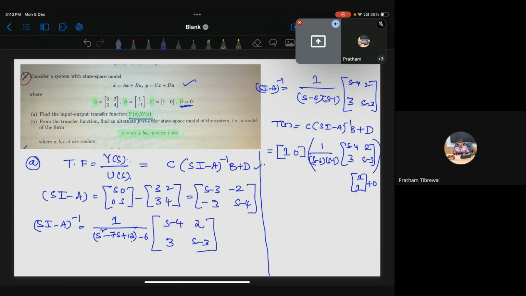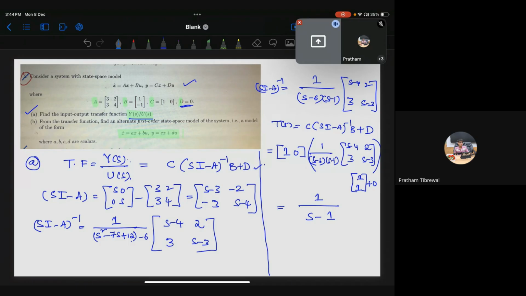If you simplify everything, you will get 1 by s minus 1. Please check these calculations. That is our first question.